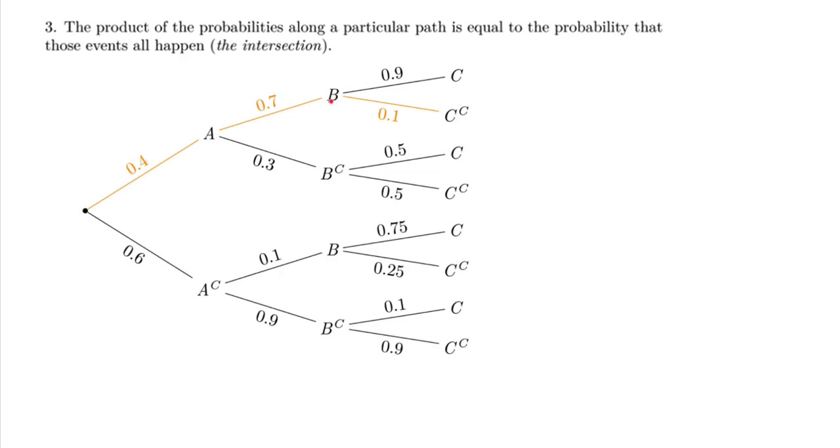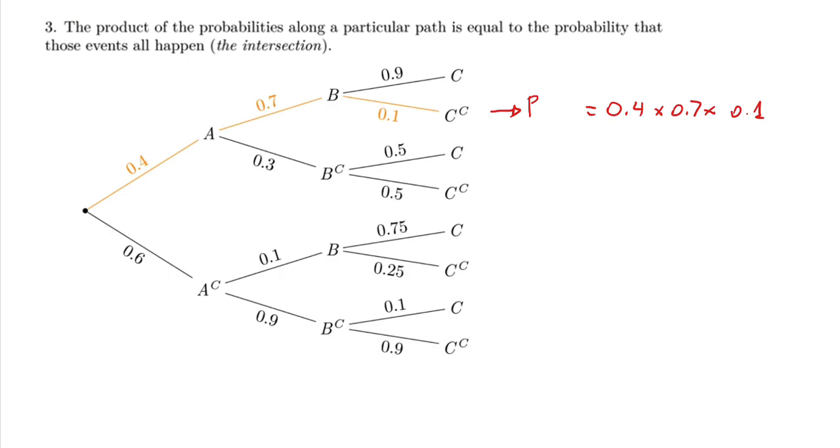Then B happened, which had 70% chance of happening given that A happened. And then C did not happen, which was 10% chance given that B and A happened. In the end of the day, if you multiply all these values, 0.4 times 0.7 times 0.1, this will be equal to the probability of all these events happening. So A happened, B happened, and C did not happen.